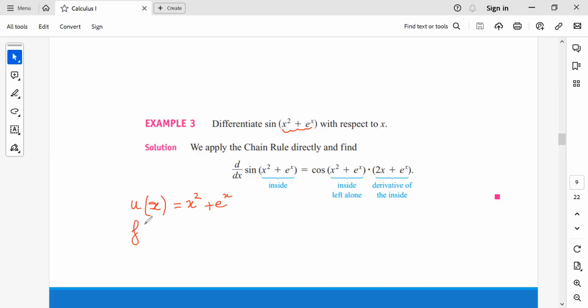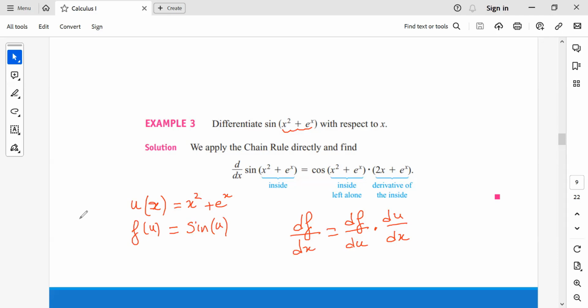So we'll have f of u as sine u. And finally, df with respect to x will be df with respect to u times du with respect to x.